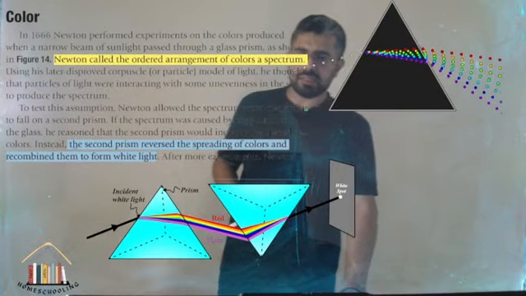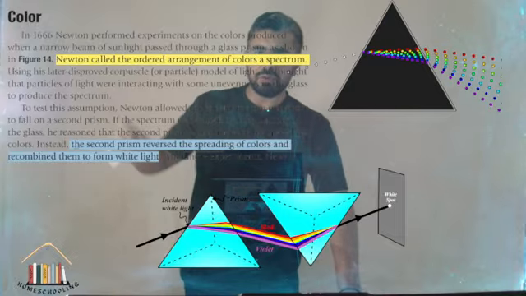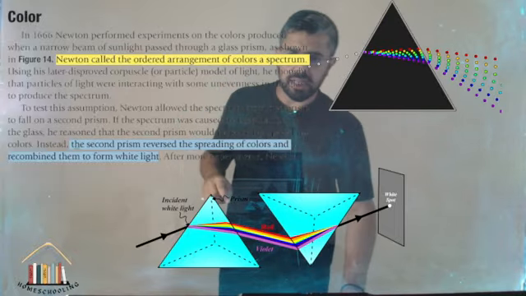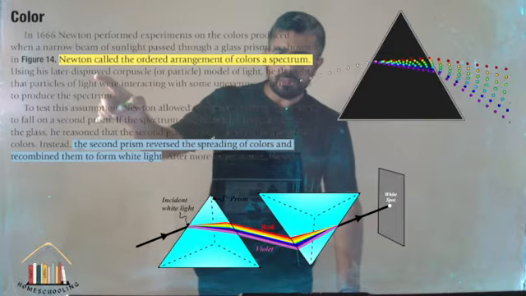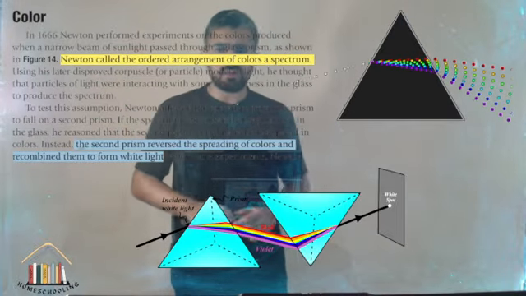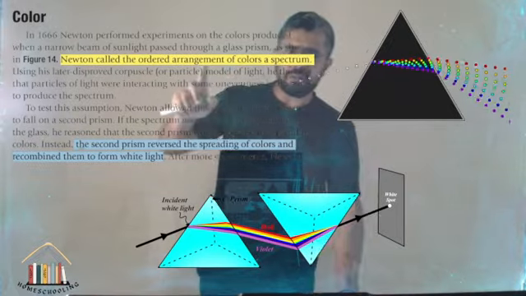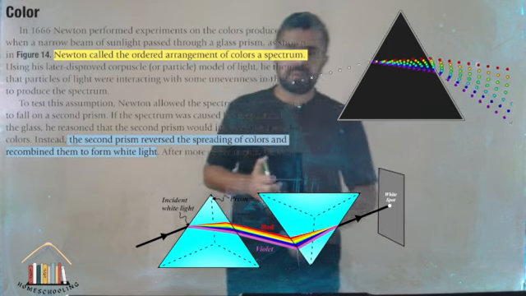Another scientist other than Huygens is of course Newton, who not only described mechanics but also tried to explain a few light phenomena. Newton called the ordered arrangement of colors a spectrum. What is Newton trying to explain here?